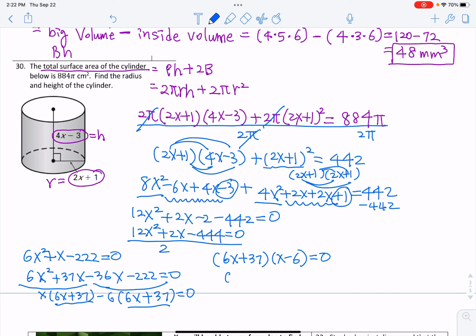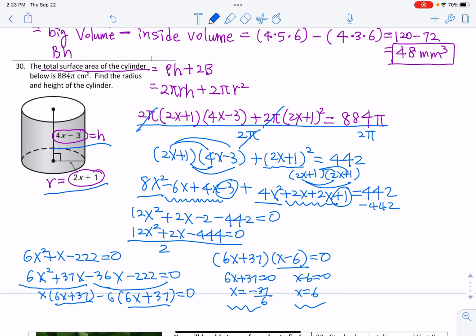So for it to be 0, either 6x plus 37 is 0, then x will be negative 37 over 6. And then x minus 6 is 0, so x equals 6. But try to plug each of these values into the h and r to see if it works for the height or radius.